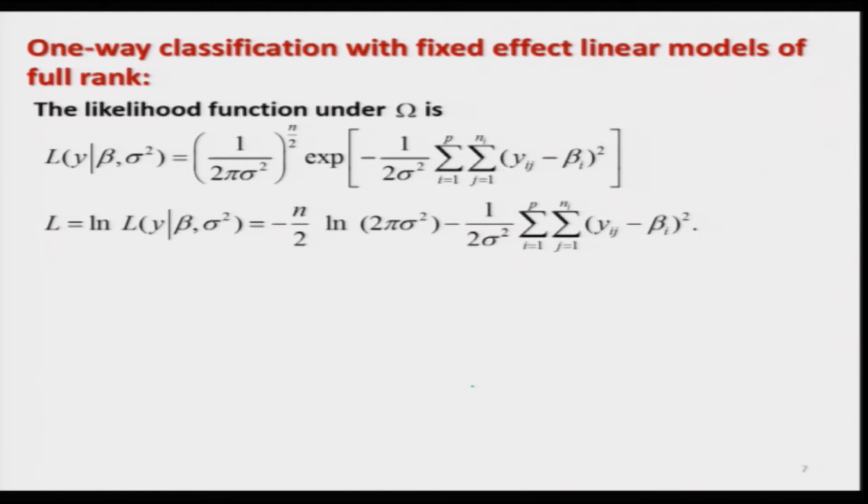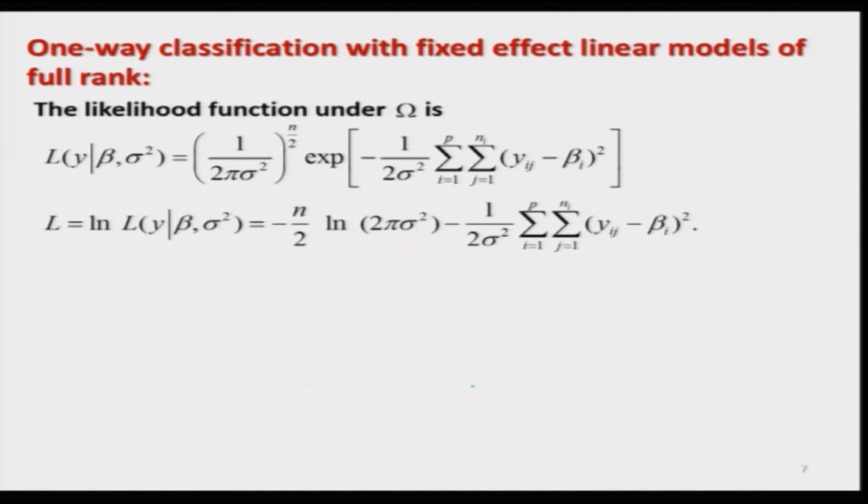Although we had discussed earlier that under omega, you simply have to replace the values of beta and sigma square by their respective maximum likelihood estimators, because the maximum likelihood estimators of beta and sigma square have been obtained under the condition that they are going to maximize the likelihood function. But here I will try to show you how these values come out, because now you are trying to take here the values y i j instead of the vector y, right.